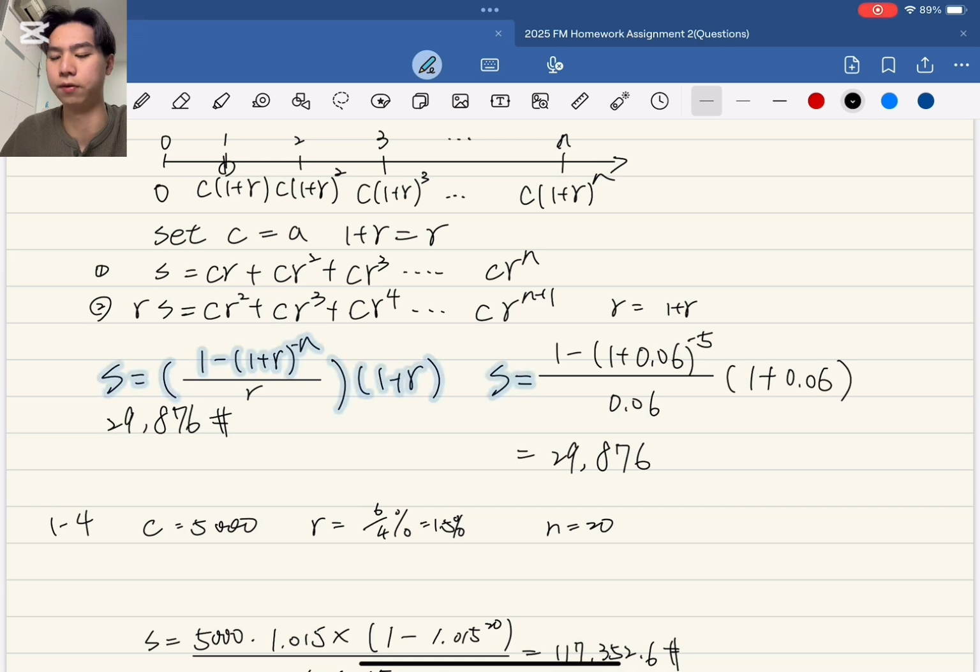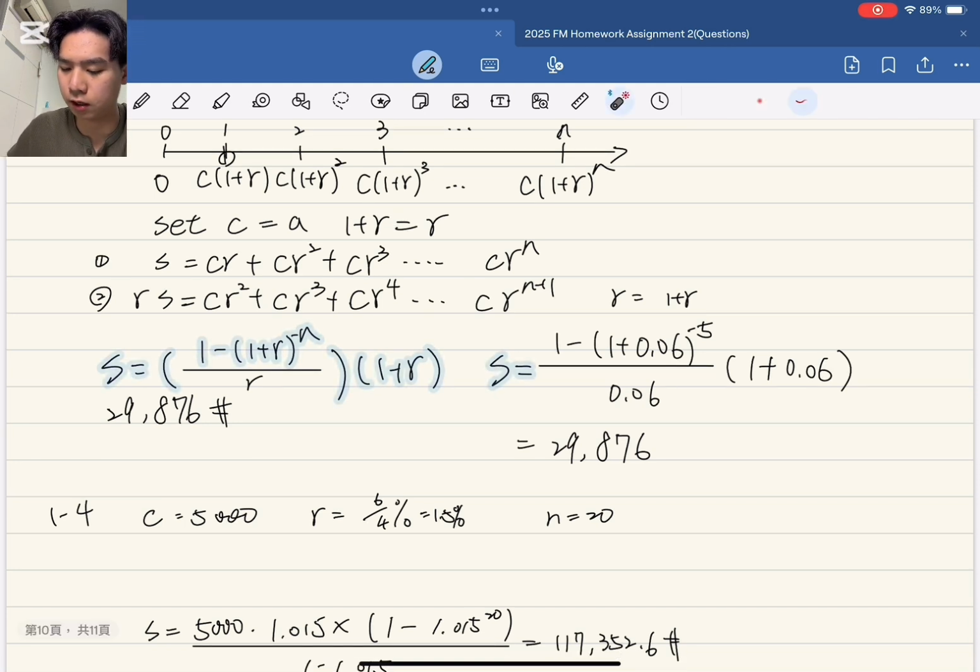No, this time we have 5,000 each quarter, but the interest rate is 6% each year. So we transform the interest rate to 6% divided by 4, which is 1.5% each quarter, and the number of times we get money is 20 times.